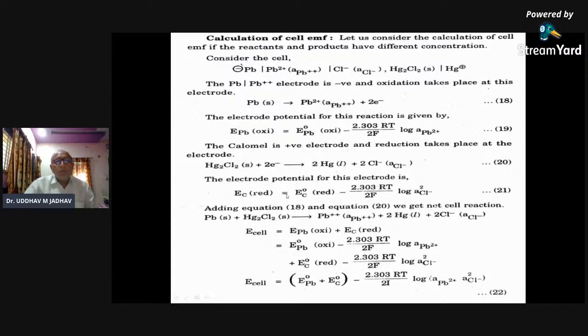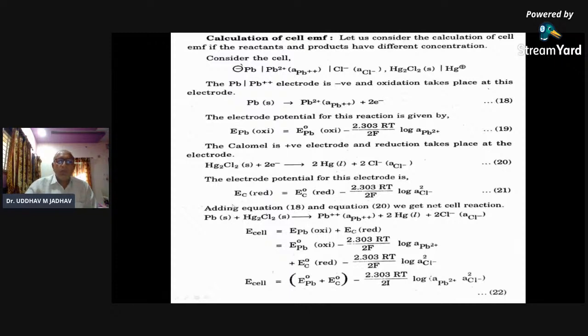Now if you want to calculate the EMF of cell, what one has to do is make the sum, because we know that E cell is equal to E oxidation plus E reduction. Therefore, by adding the equations, first of all you will have to write the cell reaction, and from that afterward you will have to write the equation for cell EMF.